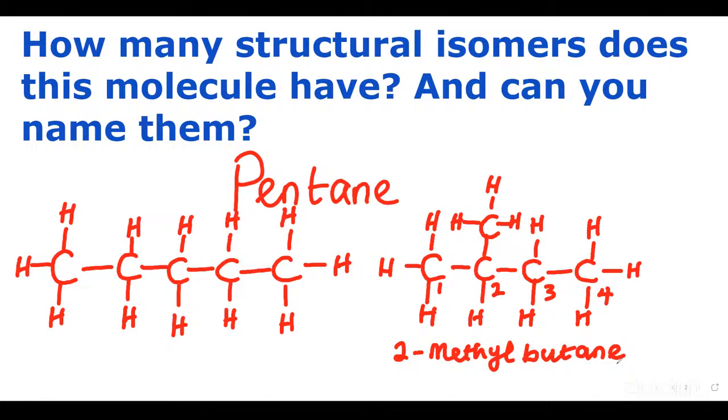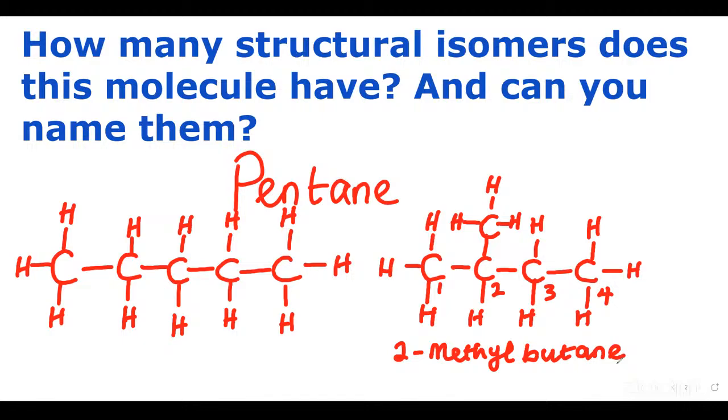Now, another name for that, like the common name, which is the one you have on the chart, the common name for 2-methylbutane is isopentane.